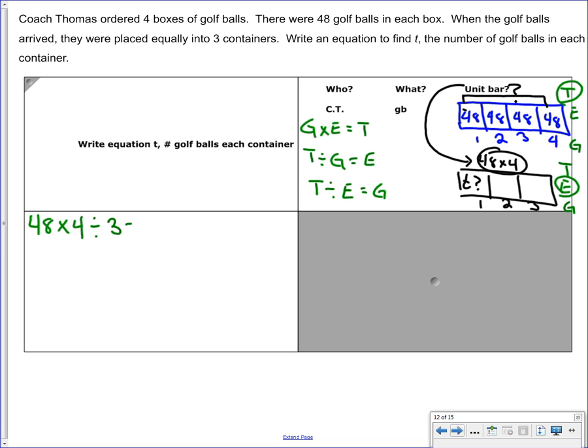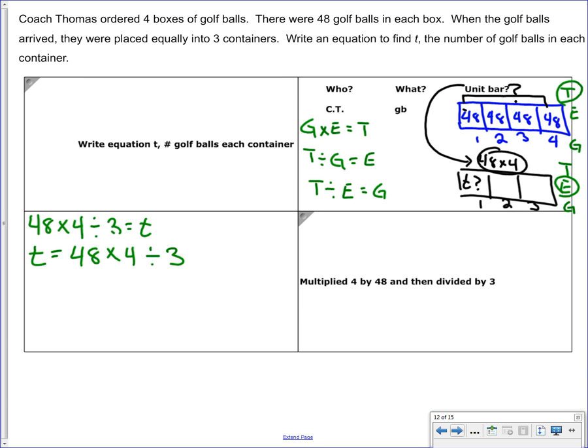Divided by 3 equals T. And just so that we write it the other way, in case the test writers think that they're sneaky: T equals 48 times 4 divided by 3. And how did we solve this problem? Well, we multiplied 4 by 48, and then we divided by 3.